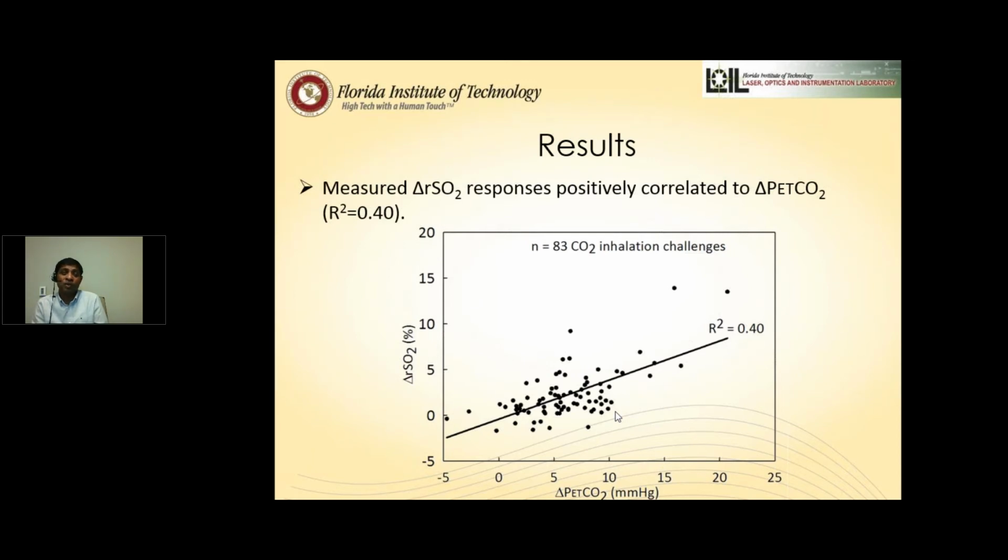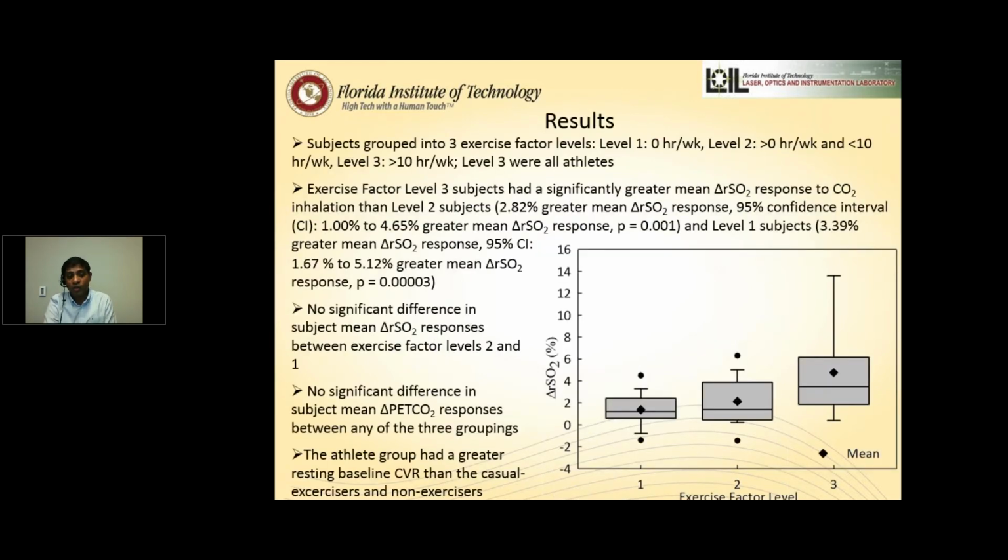If they have a dysfunction, you should see a negative slope, right? Because they're not able to respond to the increase in CO2 level. So this proves a very nice hypothesis that in healthy subjects, your regulatory functions are maintained, because by increasing the CO2 level, they're able to respond with an increase in regional oxygen saturation values. And by doing so, they're able to maintain the regulatory mechanisms, which is a very important component for our study.